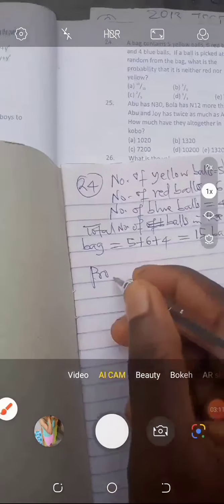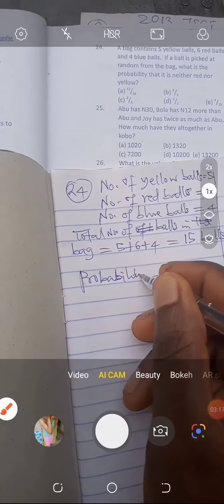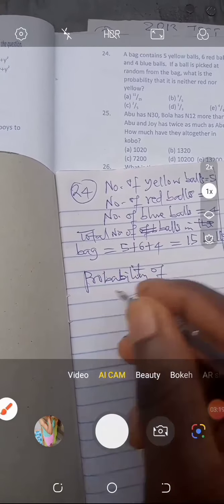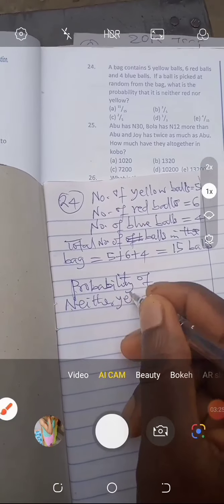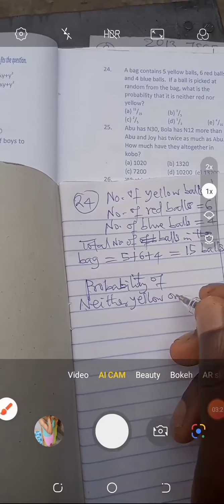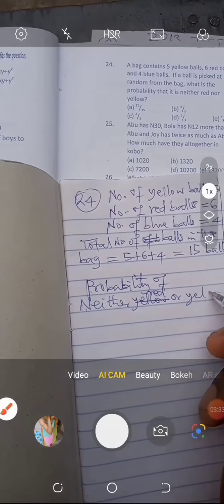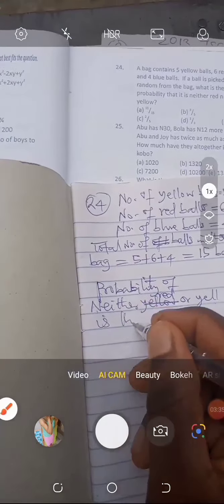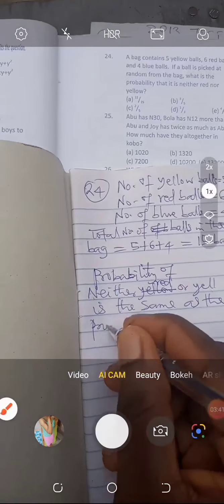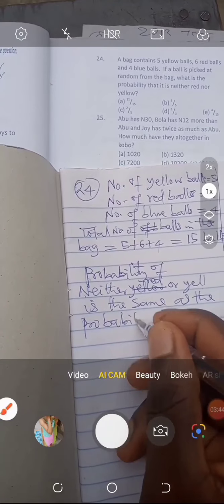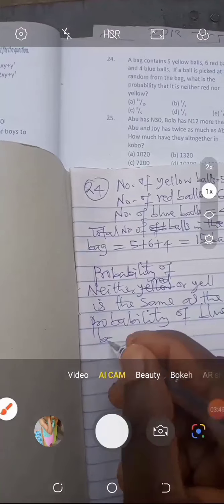So the probability of neither red nor yellow is the same as the probability of a blue ball.